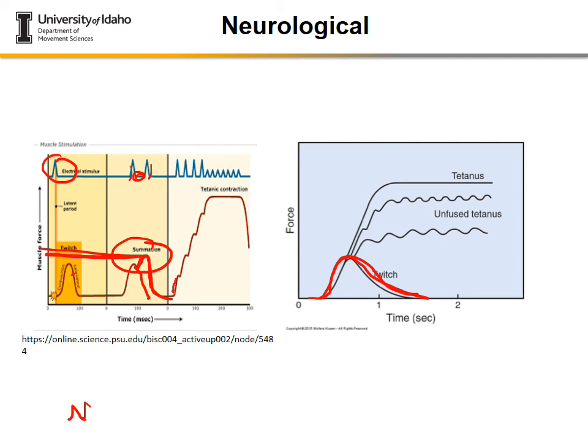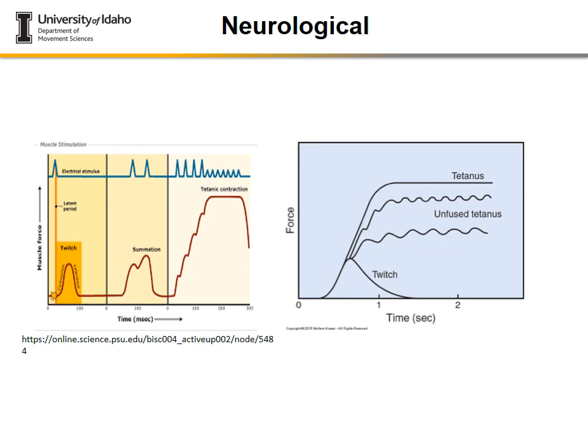You continue to summate as your frequency of action potentials increases until you reach the state of tetanus. And tetanus is where you are at your maximum contraction and force production in that muscle. All the maximal interactions between myosin and actin are there, and there's no breakage in the electrical impulses allowing the time for this unfused tetanus, where you keep dropping down.